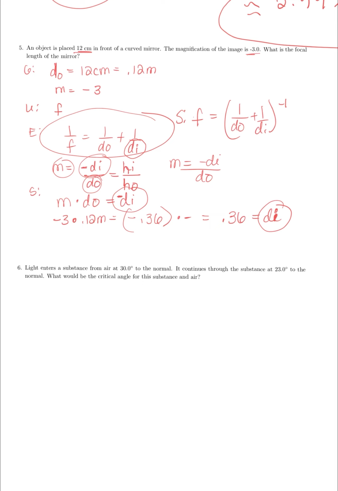That's another reason why you want to write your work down, because if your teacher sees that you got here and you just didn't invert your answer, you're definitely going to get some partial credit. All right, so 1 over 0.12 plus 1 over 0.36, to the -1.